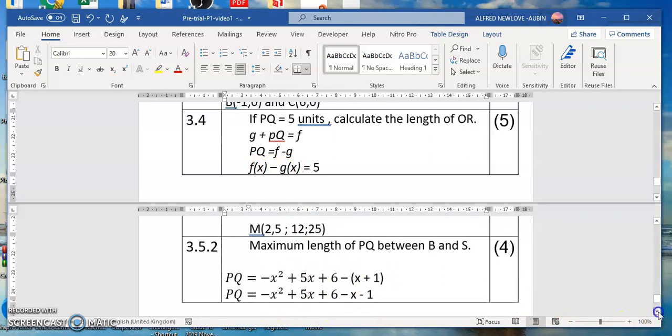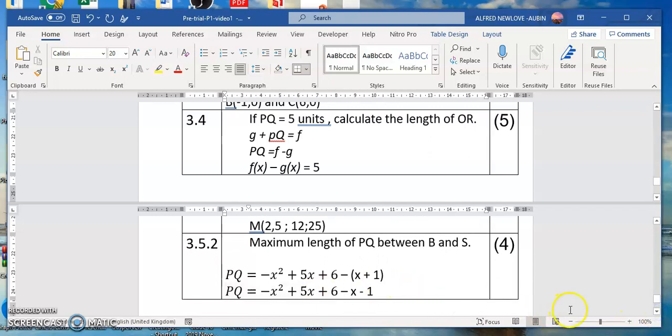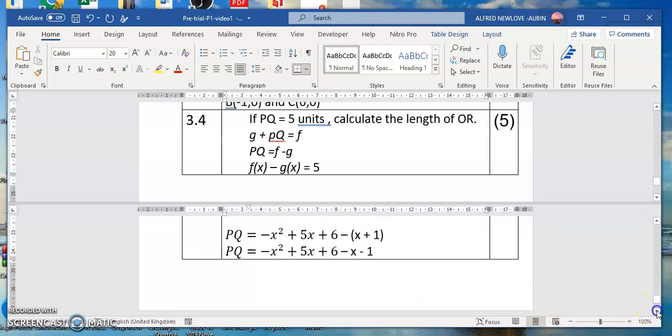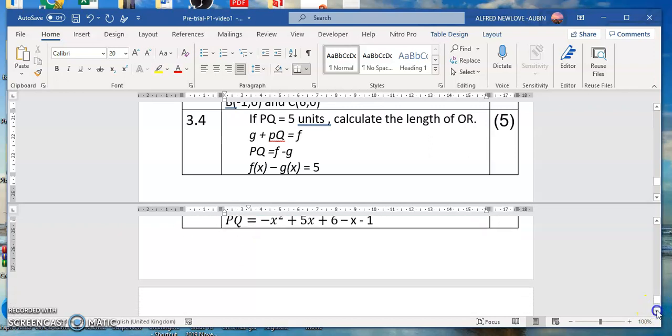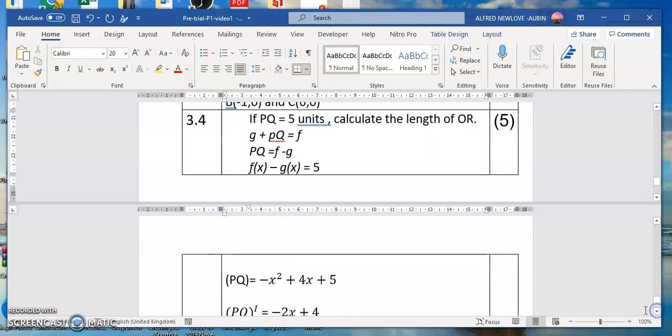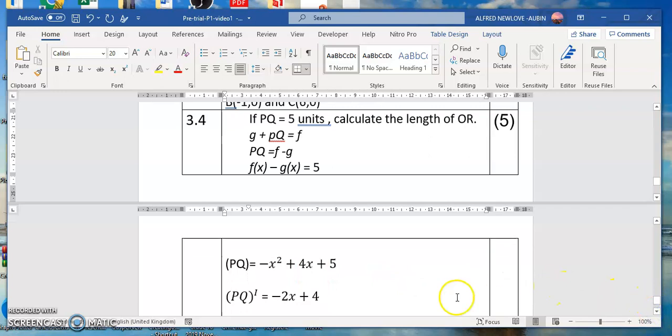If you simplify this one, you are going to get this one. Now, to find the maximum value, we must take the first derivative. Calculus is coming in here now.